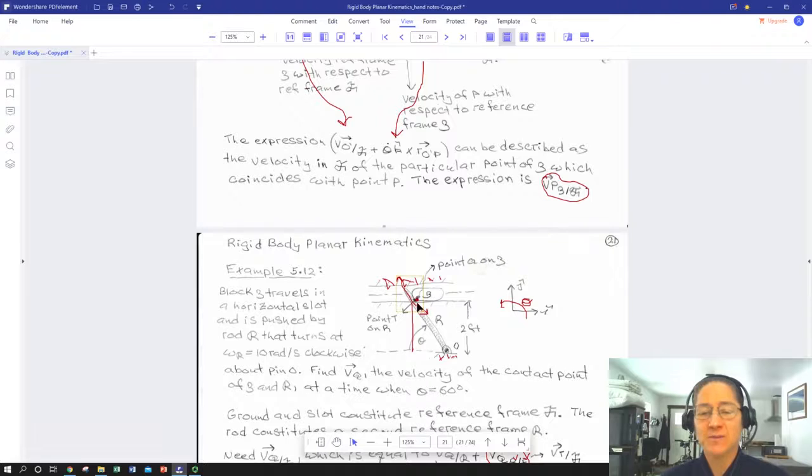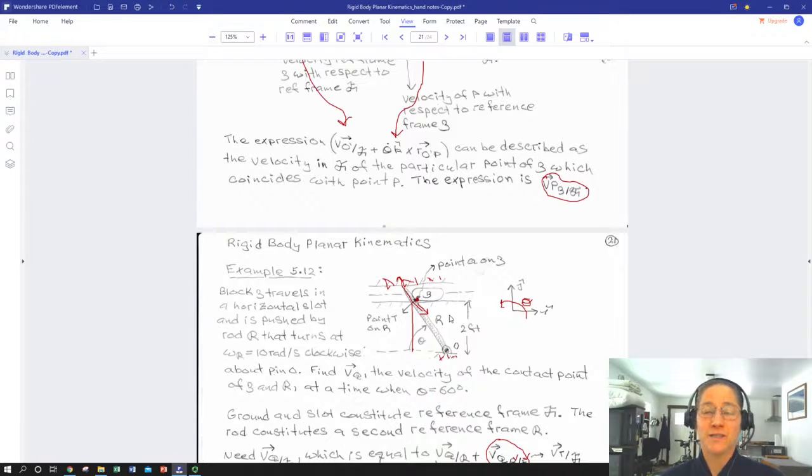So that's how we used points Q and T. Point T was really our tag point on our reference frame R. And then we used a secondary concept that, well, hey, wait a minute, point T and point Q are coincident. They're at the same location.